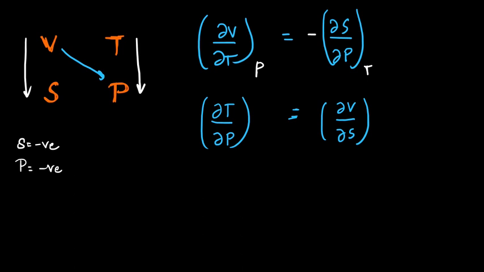The opposite diagonal of V is P, so this is constant P, and the opposite diagonal of T will be S, so this is the constant term.